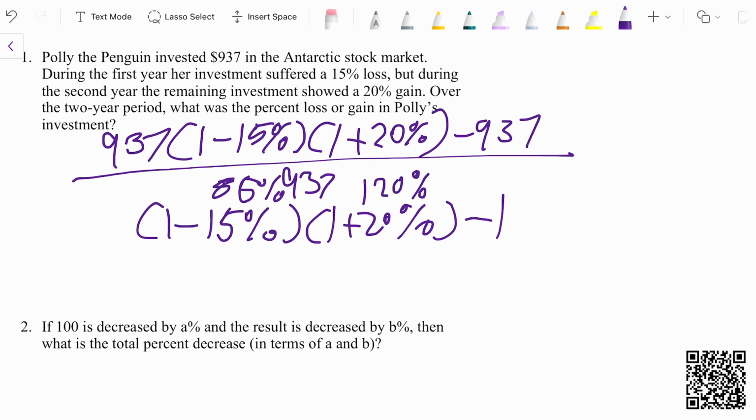When you multiply them together, you get 1.02 after you multiply by 100 as well. Then you minus 1. So you would get a 0.02, which is also equivalent to 2%. But at least it's a gain. It's a 2% gain.